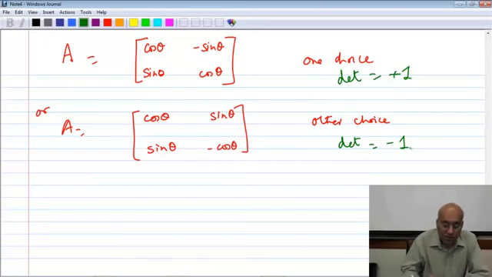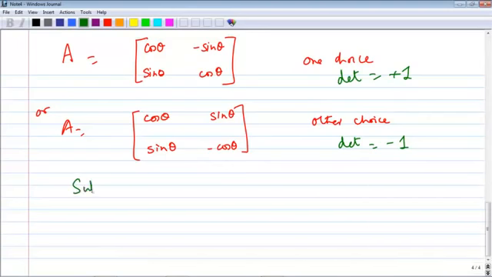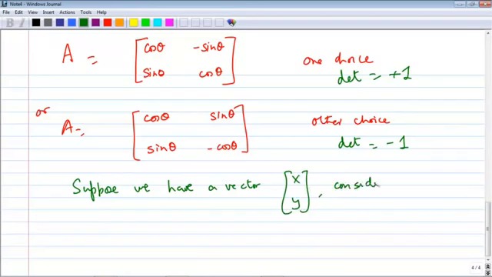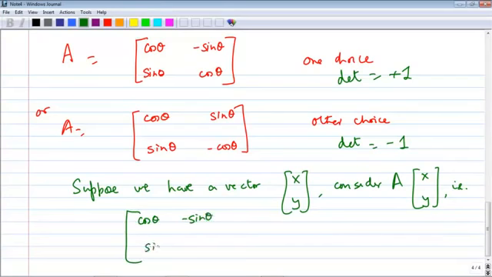And let's now try to get a physical picture of this. So suppose we have a vector (x, y), and then consider A times (x, y), where A is cosine theta, minus sine theta, sine theta, cosine theta, times (x, y).